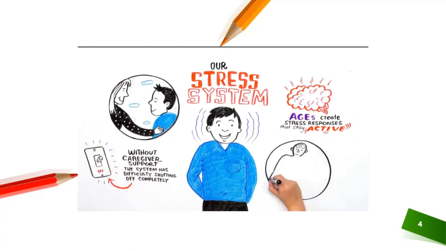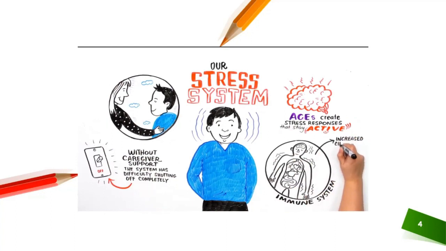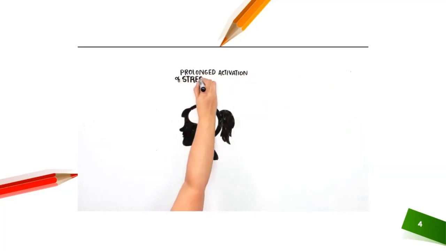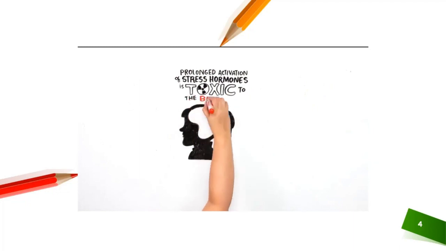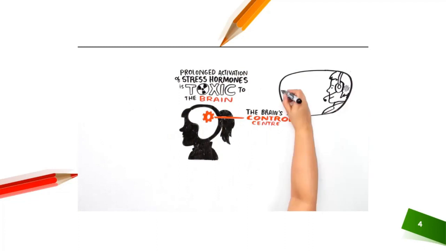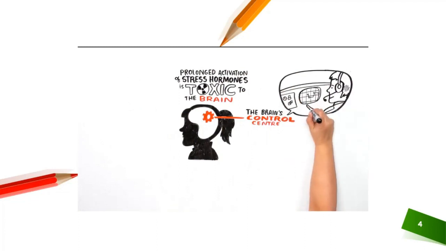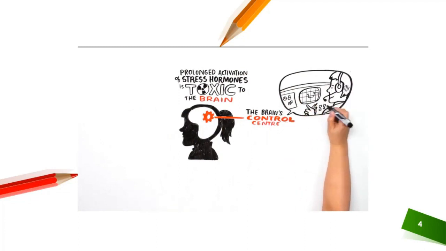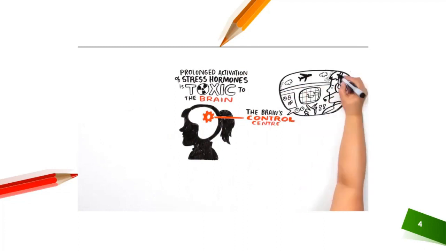This constant and prolonged activation can affect immune system functioning and increase the chances of sickness, infection, and disease. Prolonged activation of stress hormones is also toxic to the brain. Certain areas of the brain are more vulnerable to toxic stress, including the executive center, or the brain's control center, an area important for solving complex problems, attention, reasoning, impulsivity, inhibition, and learning.